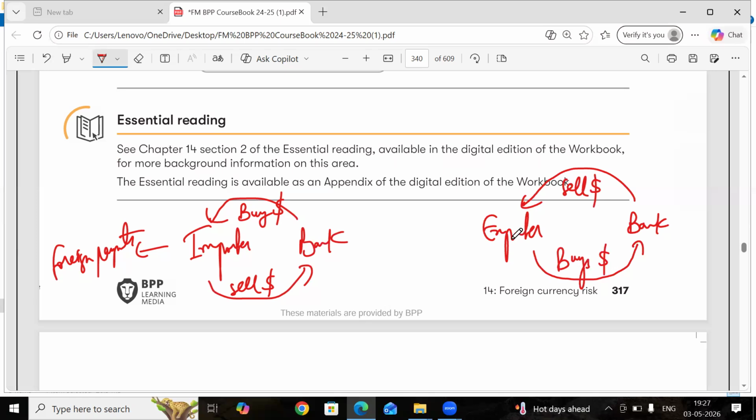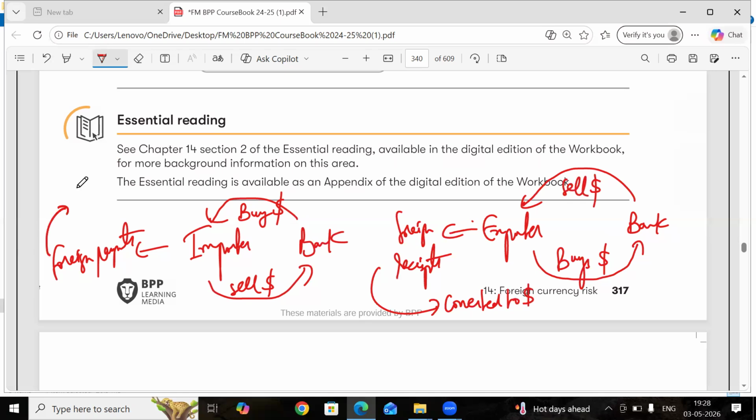Why does he buy dollars? The exporter, because the exporter will get the foreign receipt. So he will sell that foreign currency to the bank and buy dollars. So the exporter is buying dollars and the bank is selling dollars. Okay. Foreign receipts converted to dollars.